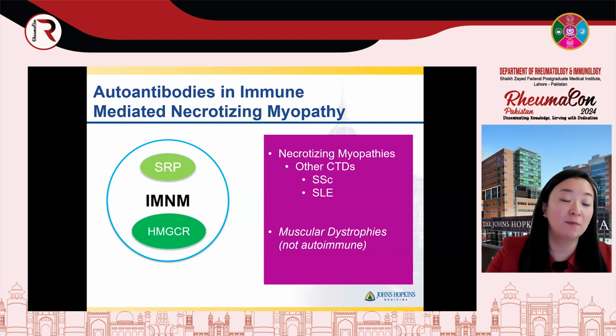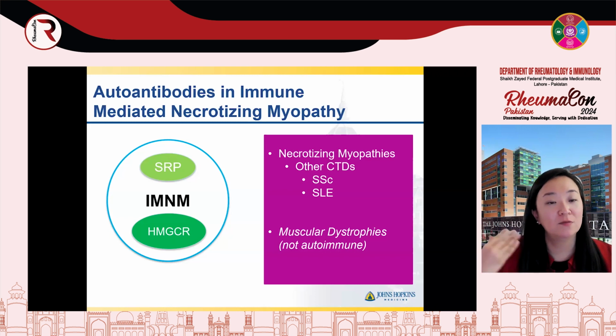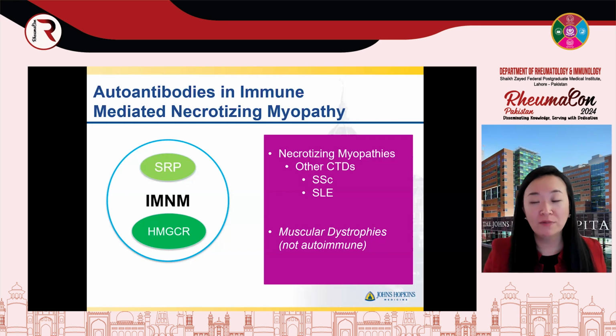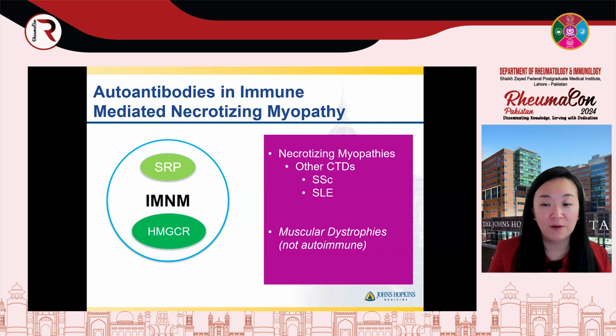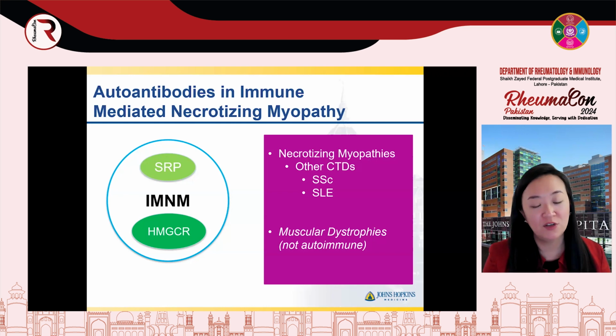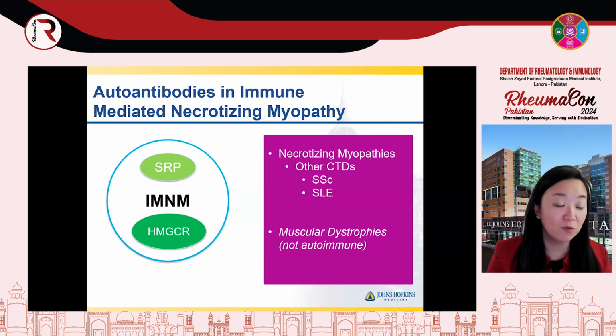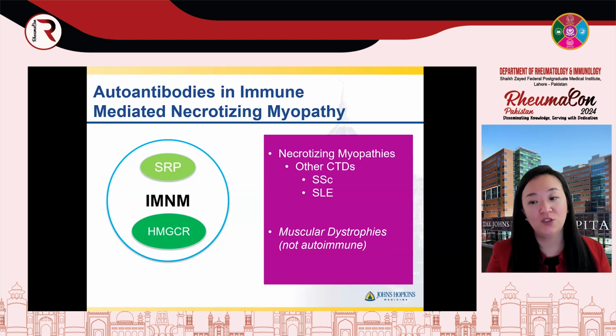If someone got a muscle biopsy and it's a necrotizing myopathy, but the autoantibodies are all negative, we really want to be thinking, does this patient actually have overlap scleroderma or overlap lupus? And of course, if their autoantibodies are all completely negative and your clinical judgment and acumen doesn't show any evidence of another CTD, then think about muscular dystrophy, like some of the common adult ones that we see in the United States that have adult onset and later onset, facioscapulohumeral dystrophy, which is FSHD.